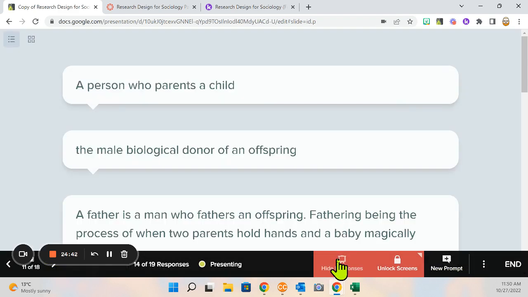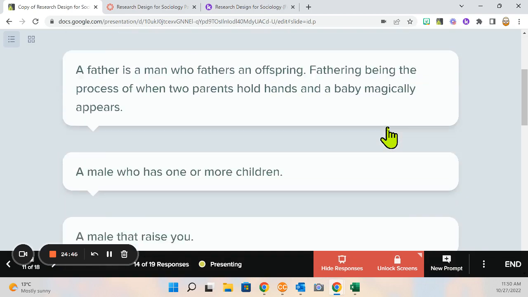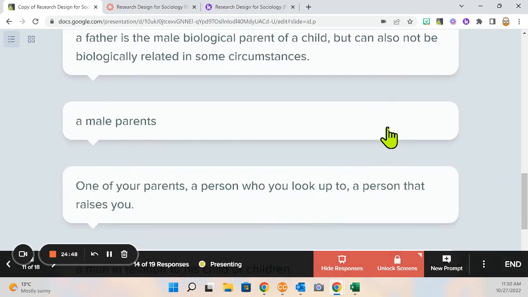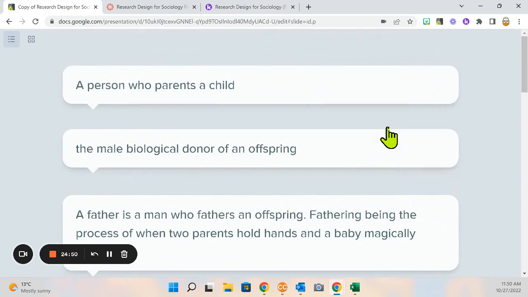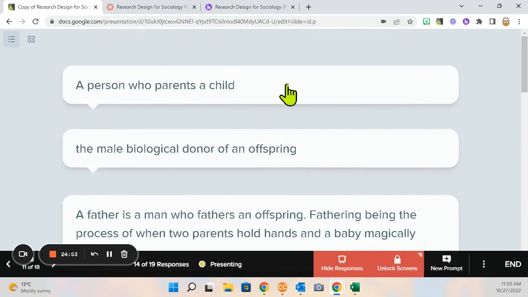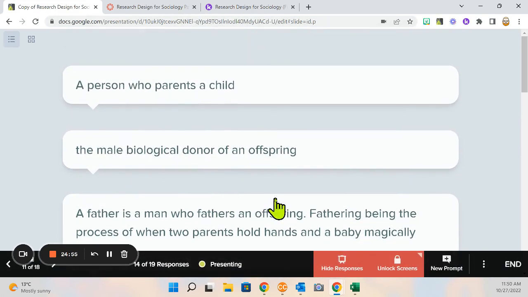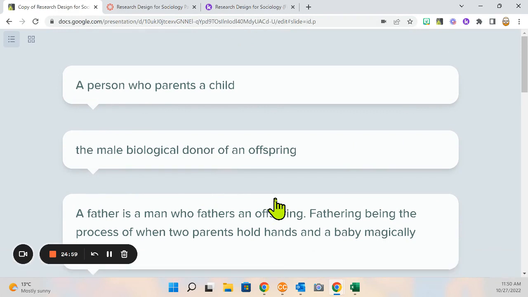All right. Okay. And again, you guys are really, I don't want to give short shrift to the later responses. You guys are doing a very good job giving me the two definitions that we really need to compare. So, a person who parents a child, could that also be a mother? Yes.